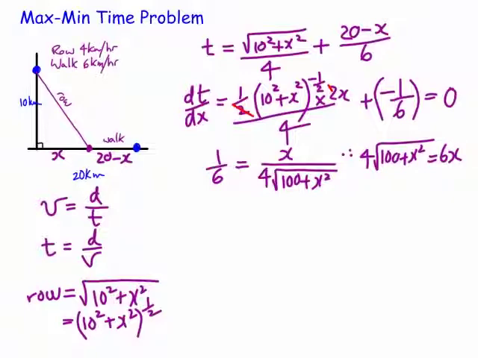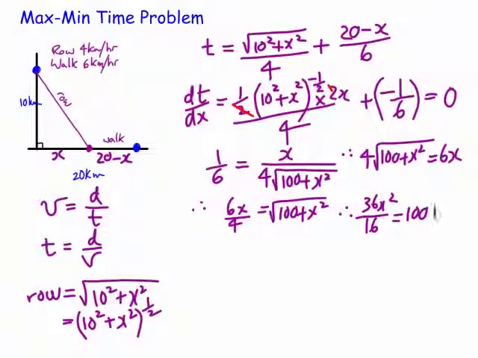We get 6x on 4 is equal to the square root of 100 plus x squared. We square both sides, therefore we get 36x squared on 16 equals 100 plus x squared.